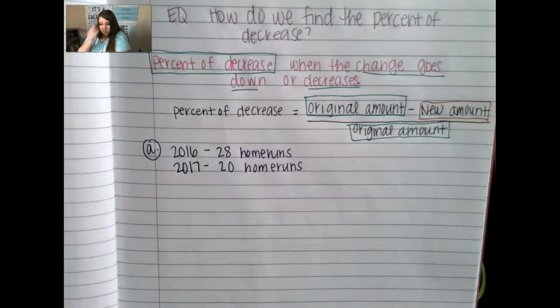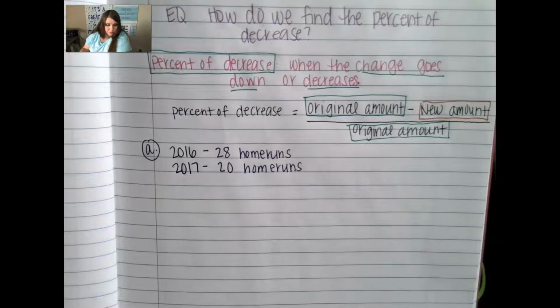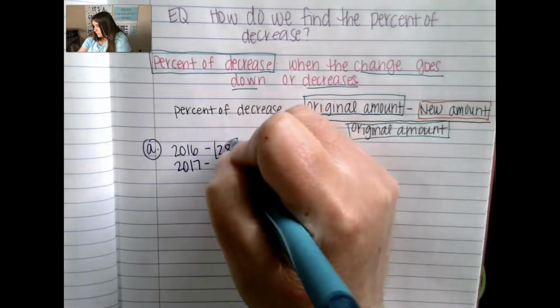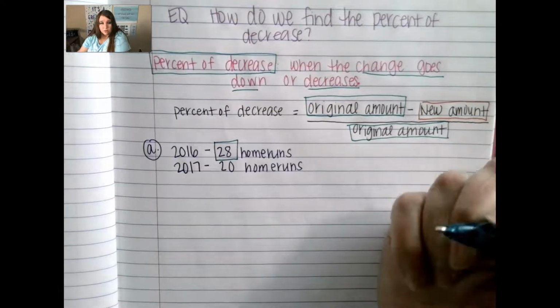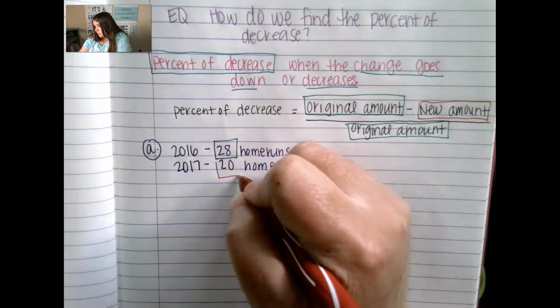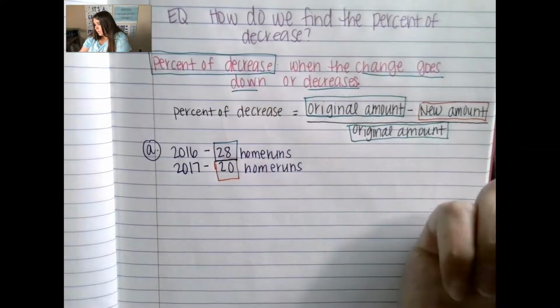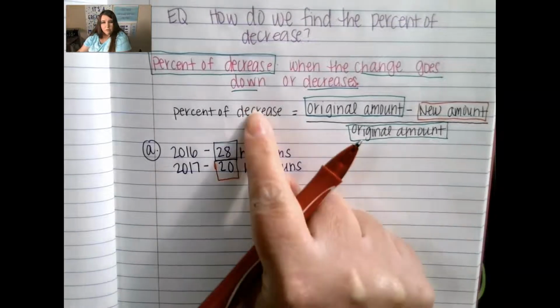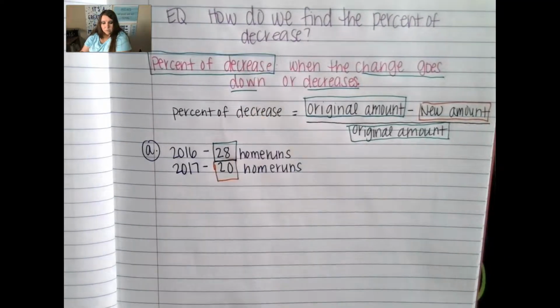So our original amount in this example is 28. That is our original, and we will be decreasing down to a new amount of 20.